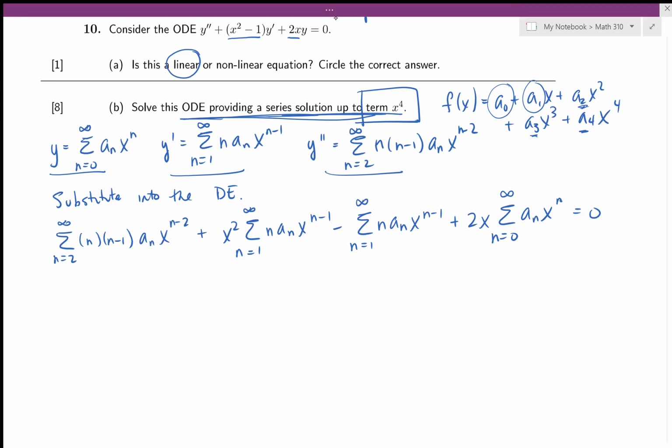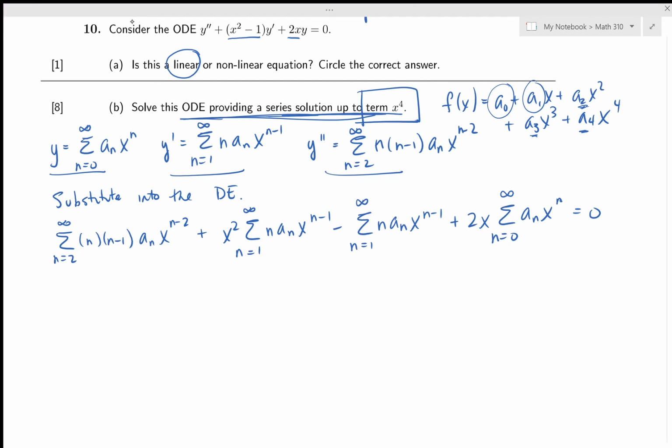I need these to be the same for all the sums so that I can put them together. And I also want to work with the same powers of x.